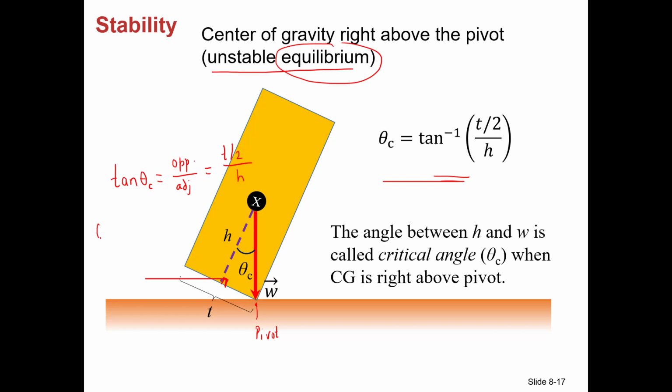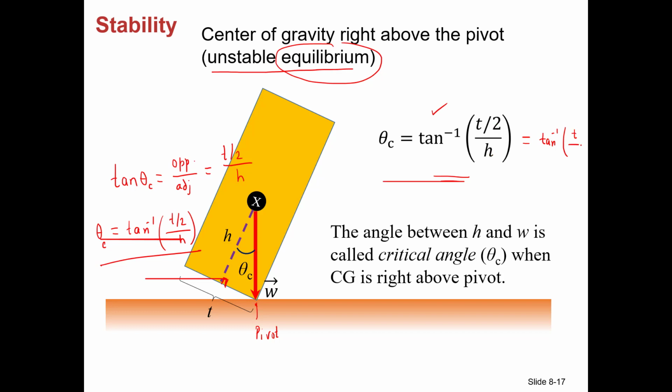Okay, so then tan theta c, or critical angle, would be tan inverse of t over 2 over h. Okay, so that's the critical angle, which is what we have here. Or I can also write this as tan inverse of t over 2h, taking this 2 to the bottom denominator.